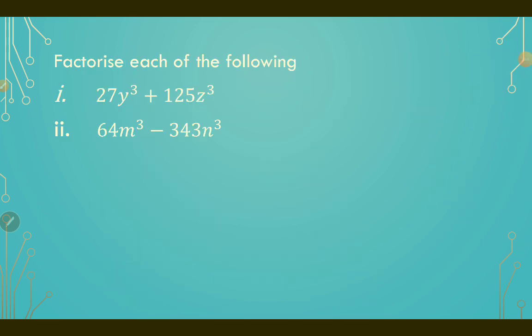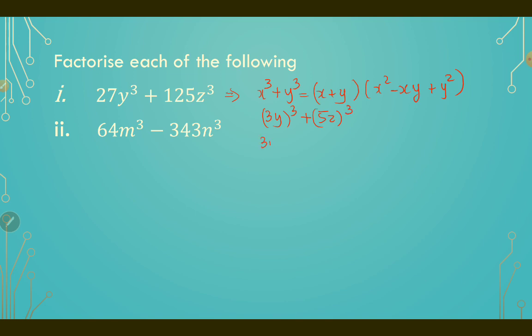Factorize each of the following. In the first question, we have done the previous question in which we got x cube plus y cube is equal to x plus y into x square minus xy plus y square. So we have to use that identity to factorize this. So this is nothing but 3y cube plus 5z cube.